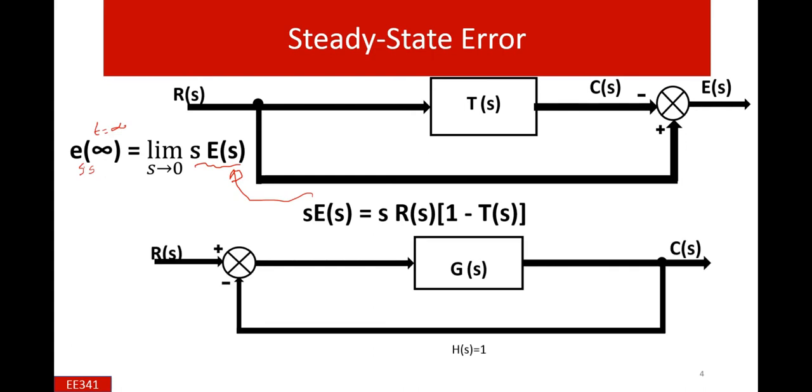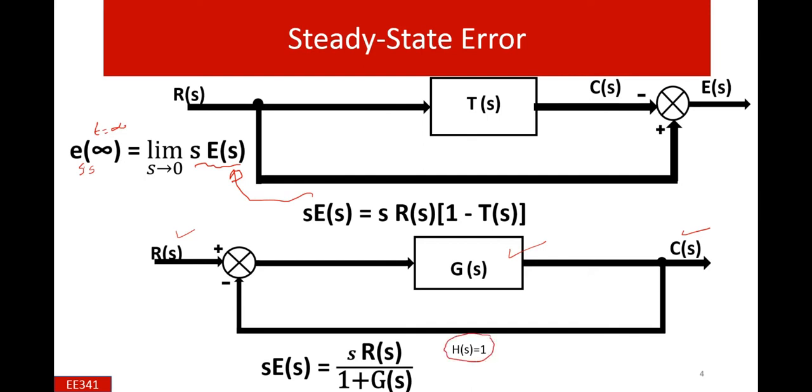Similarly, if we have an open loop transfer function, for example in this case G of S is representing the open loop transfer function, R of S is the input value and C of S is the output or control value, and we derived this relation for the error signal in terms of the input value divided by 1 plus the open loop transfer function with unity feedback.